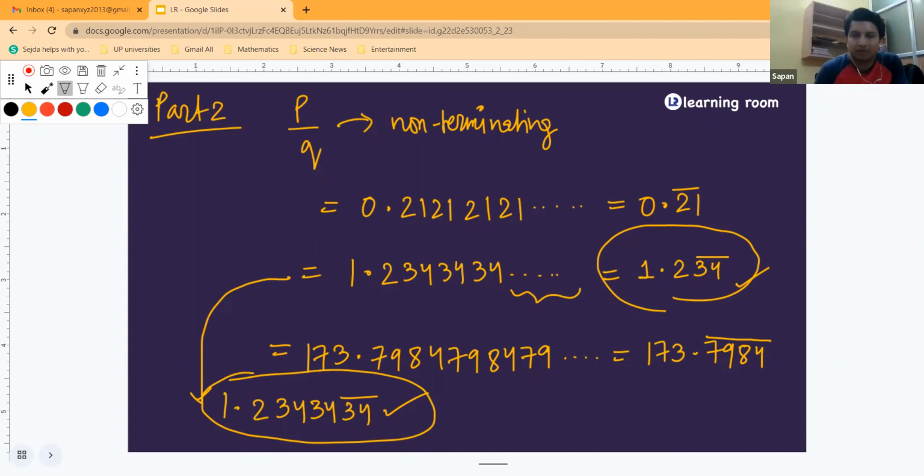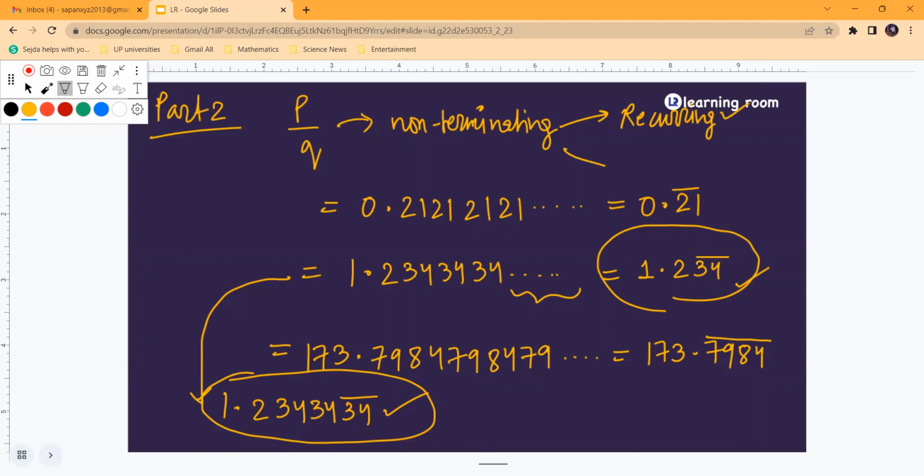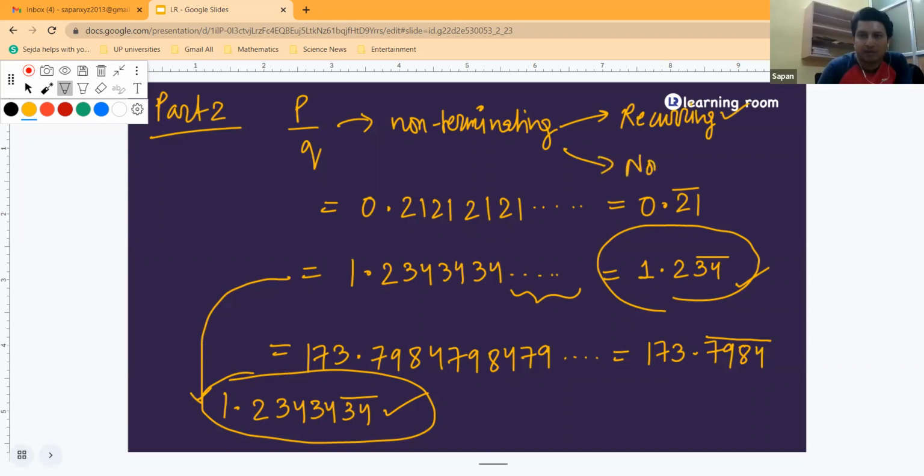Now, the last thing which I want to mention in this second part: non-terminating numbers are of two types. You remember what they are? Recurring and non-recurring. This part 2 is for recurring numbers only, not for non-recurring.